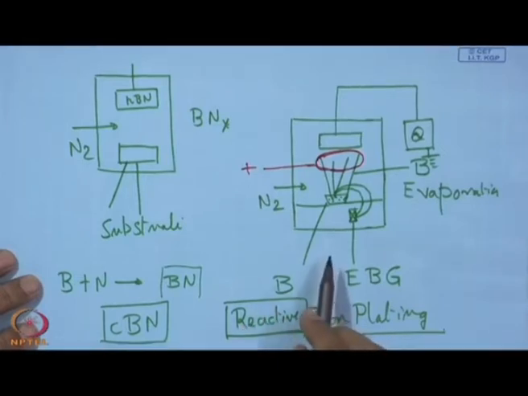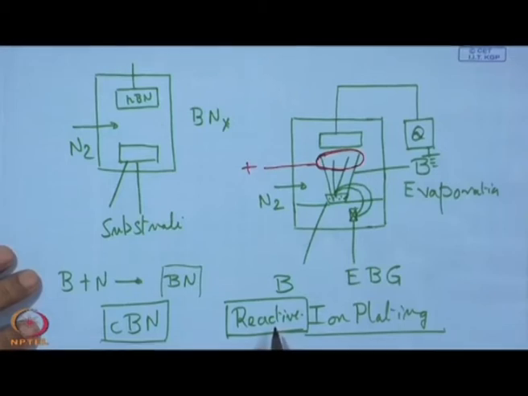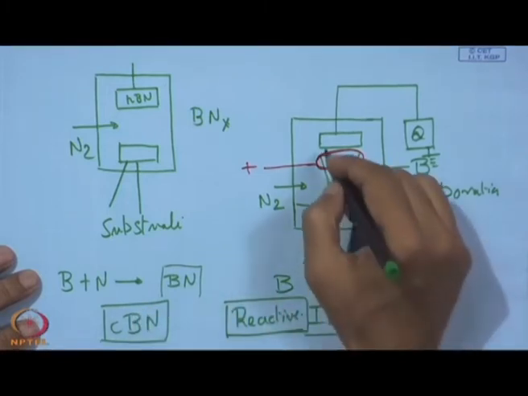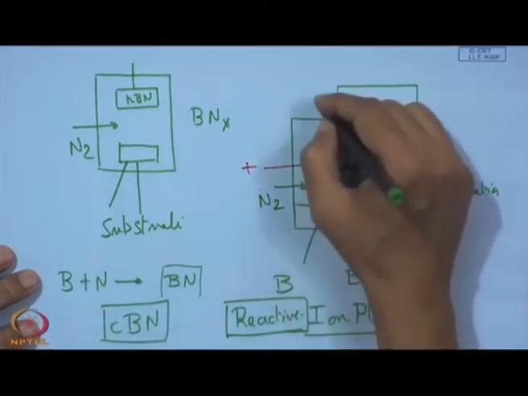It is reactive ion plating of boron nitride, and because of this impingement with high energy, it is going to be a CBN structure, but it also has a huge, high magnitude compressive stress when it is deposited finally on this substrate.